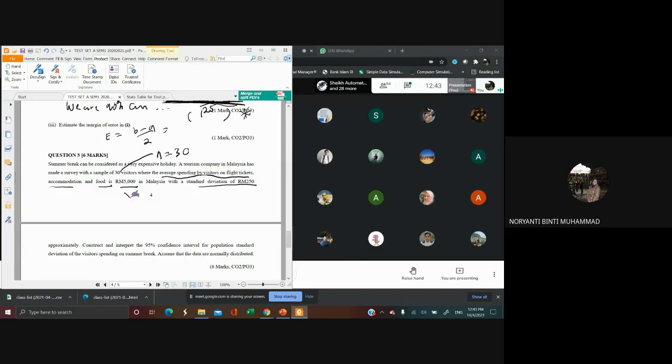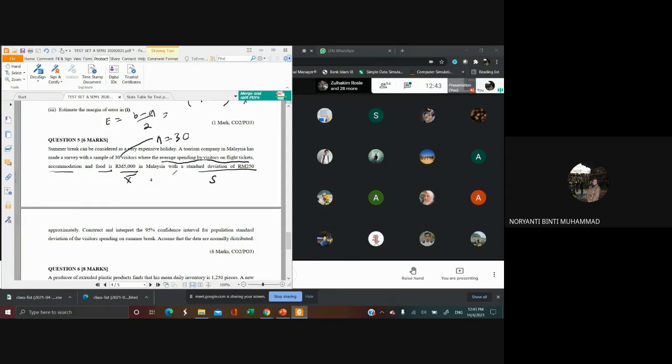So this one you know is X bar, this one is S. Okay, because that one come from 30 visitor. Construct and interpret the 95% confident interval for a population standard deviation.